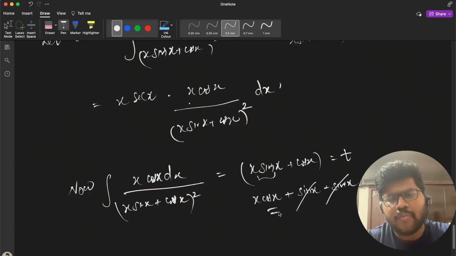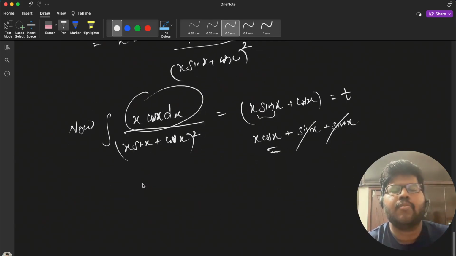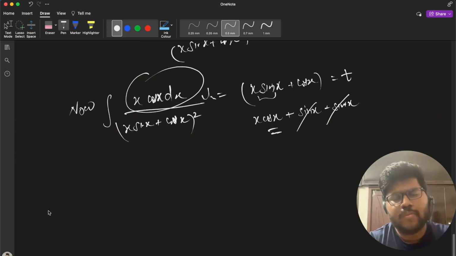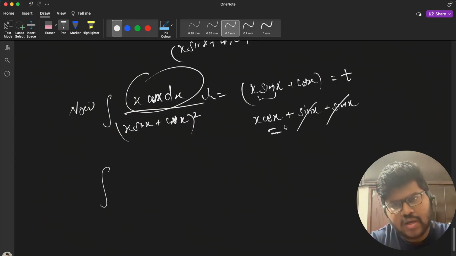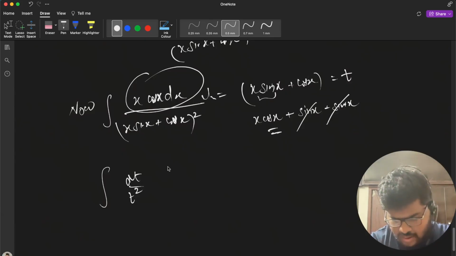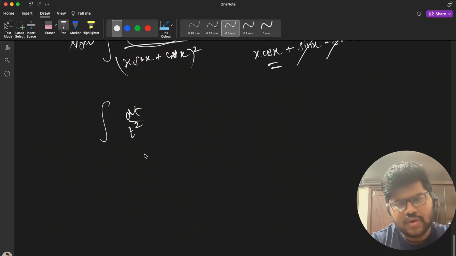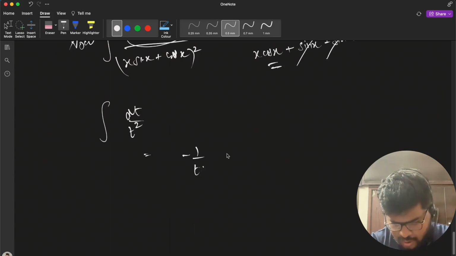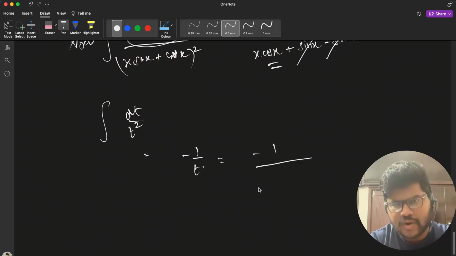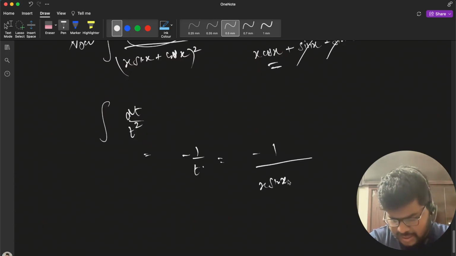So this would become x cos x dx, and here we have the term, right? So what we will do? We will simply put it as dt by t square, right? dt by t square, right? So therefore this would become minus 1 upon t. So this would be minus 1 upon x sin x plus cos x, right?